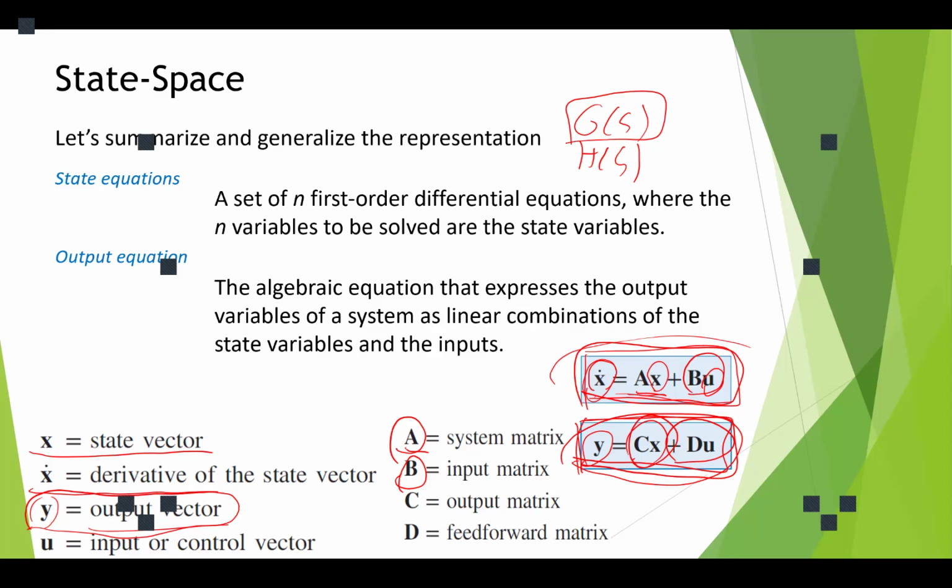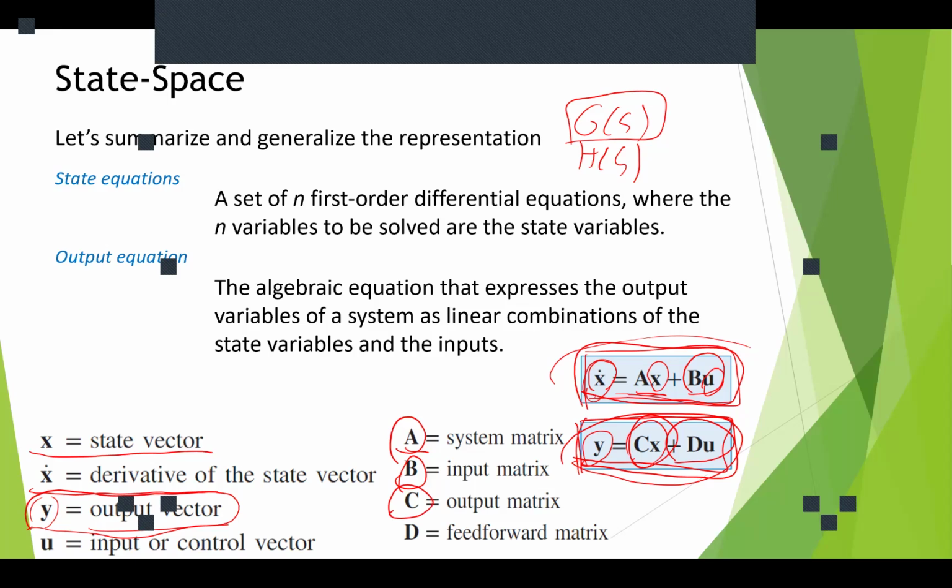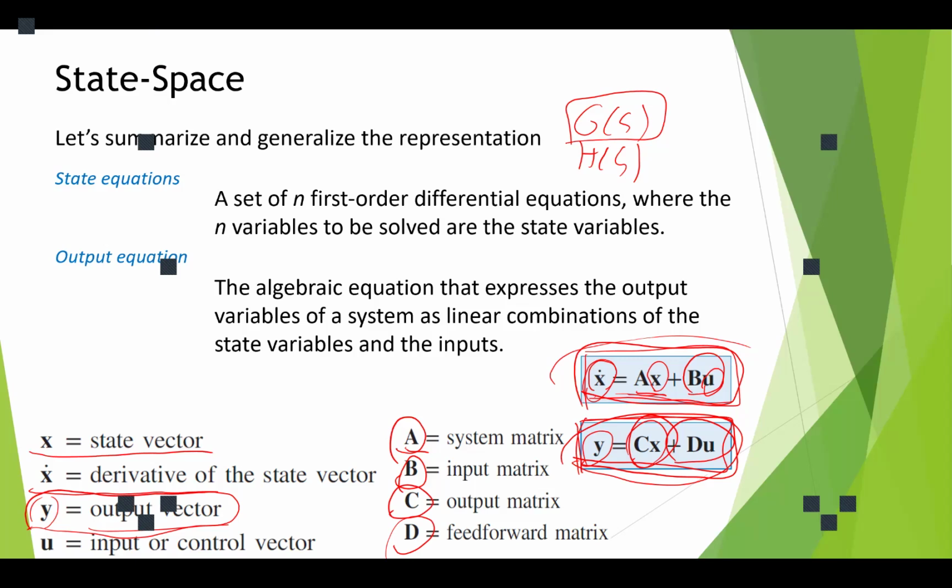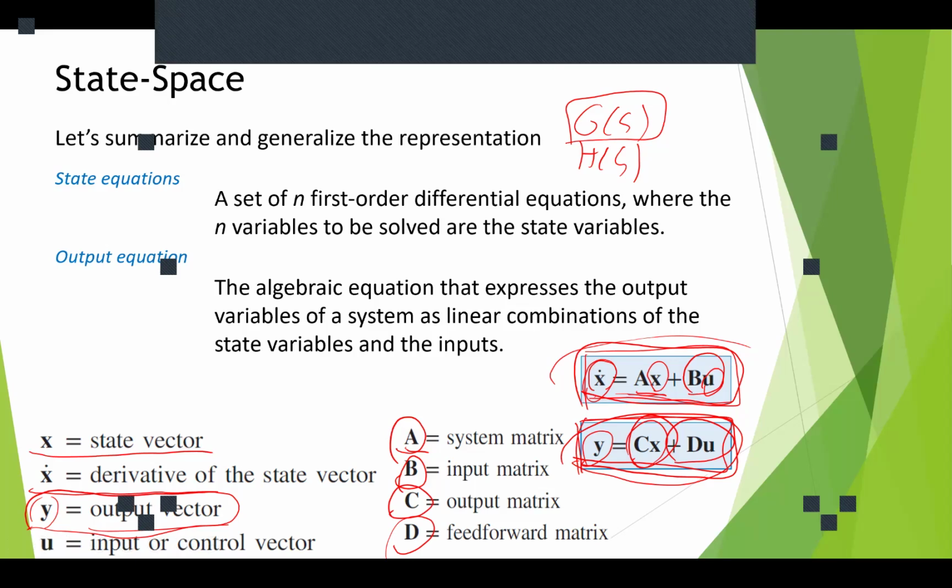That C defines the participation of those state variables. That D defines the participation of the inputs in your desired variable, i.e. output. Is that clear? And we know that the U is input. Any questions so far?